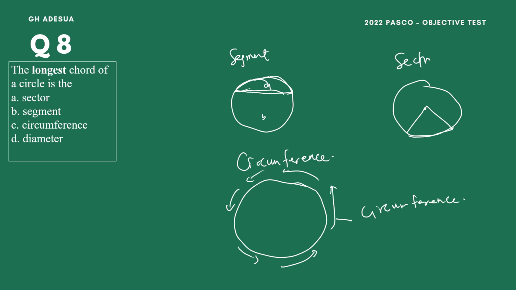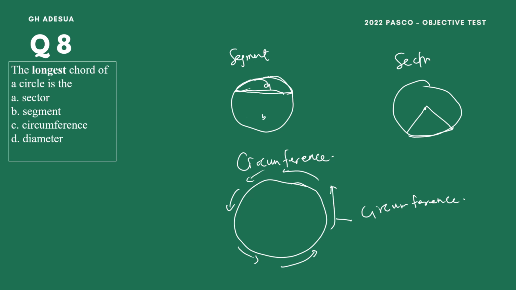And also from our question, it's saying the longest chord. Now realize that the circumference is the total distance and it doesn't have to do with a line that joins 2 points in a circle. The nearest one that we could even consider would maybe be a segment, but it is not the longest because it could either be the minor or a major segment.